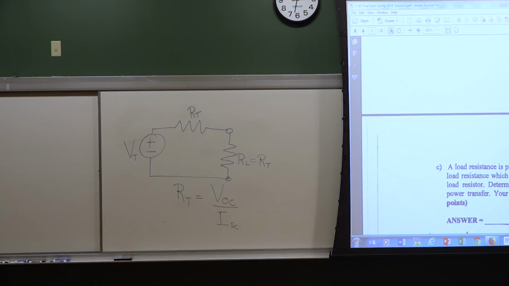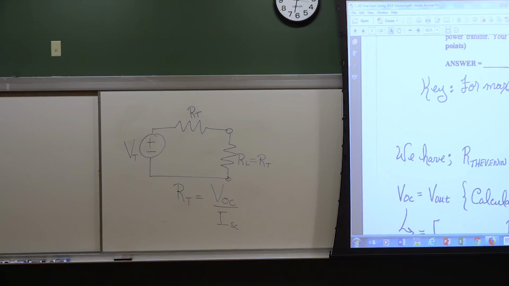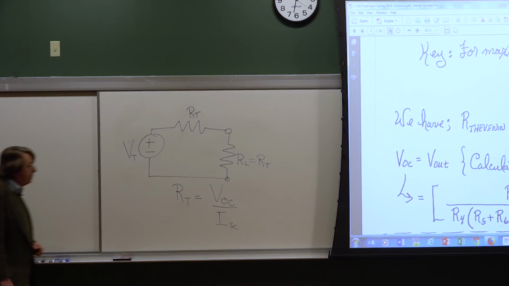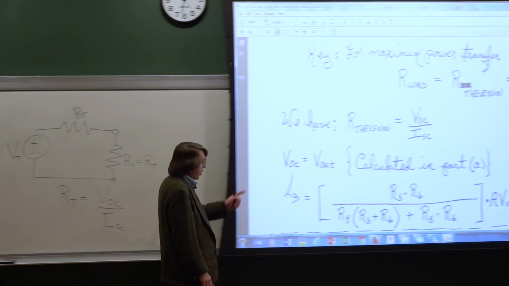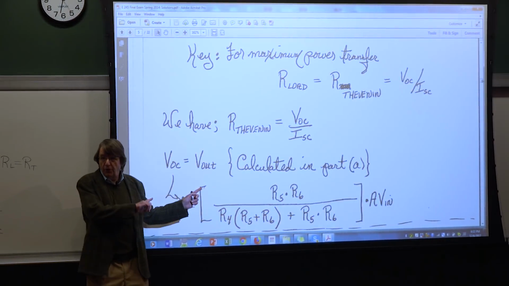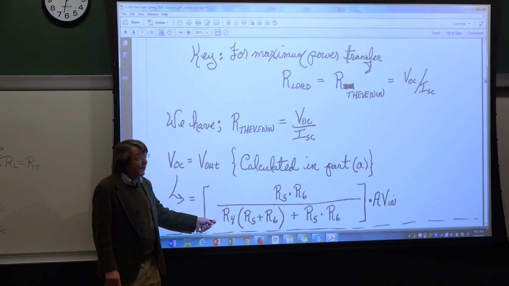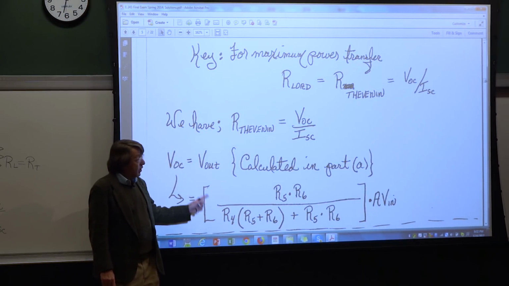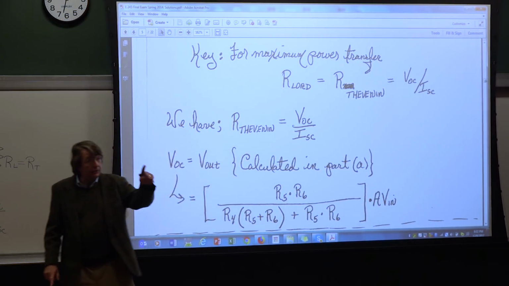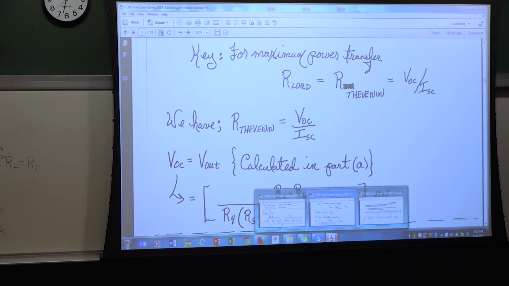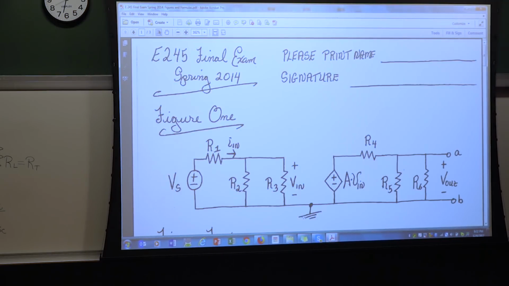So I now go and say, okay, V open circuit is V out. Now before you write this down, let me go back and just show you that. We already calculated this in part A. V open circuit is V out. So let me go back and show you that. I'm going to pop open the circuit figure here.